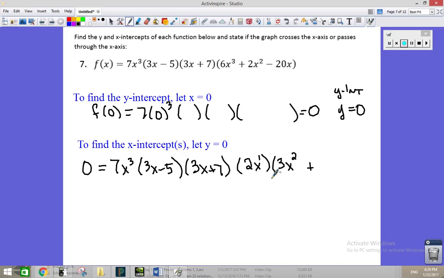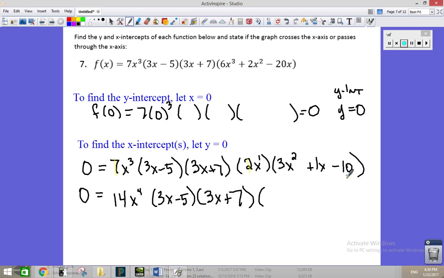Since this is 2x squared, you've got 2x times 1x is 2x squared. 2x times a negative 10 is minus 20x. Let's take this 7 and this 2 and multiply those together and get 14. And x to the third times x to the first is x to the fourth. I can't do anything yet with 3x minus 5 or 3x plus 7.